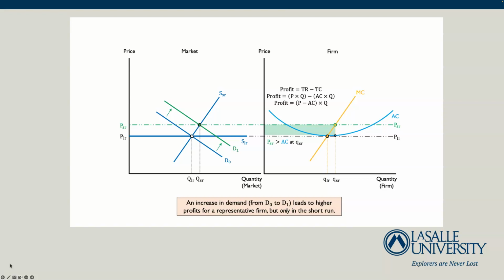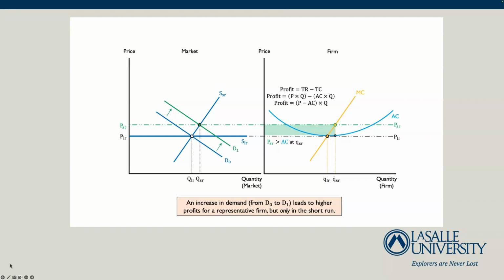Now, the firm on the right sees this higher price level, and this is essentially a higher marginal revenue for any of those additional sales. So what they're going to want to do is expand output along their own marginal cost curve to where marginal revenue is exactly equal to marginal cost.